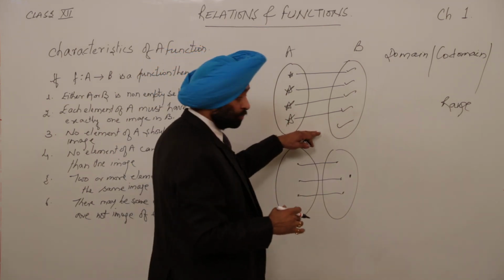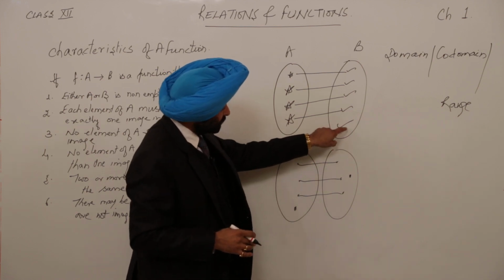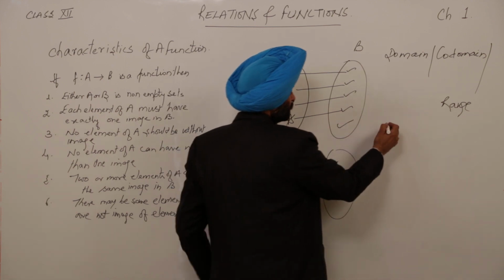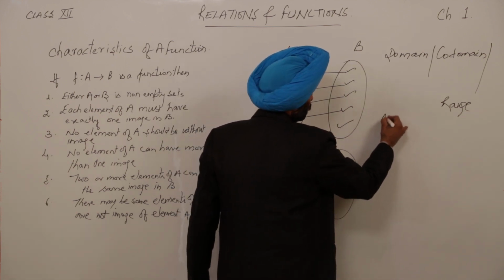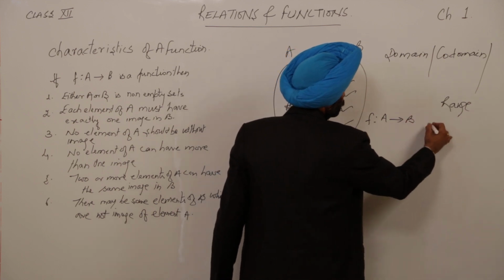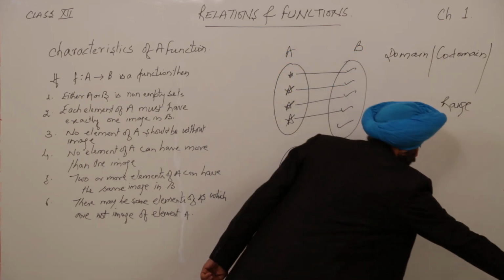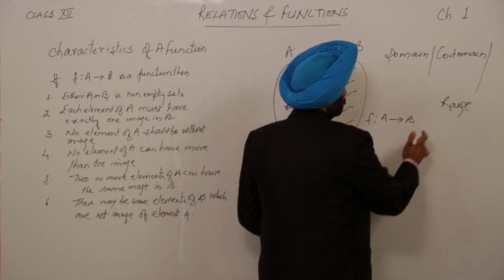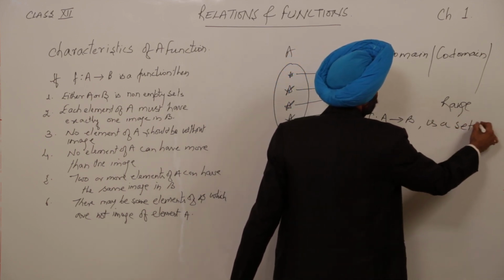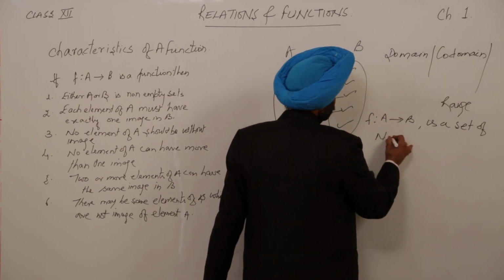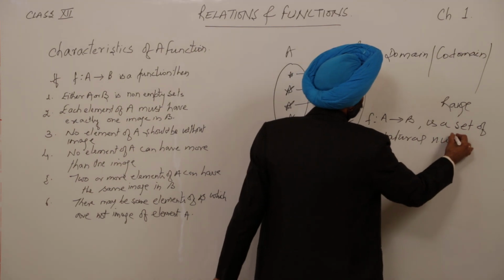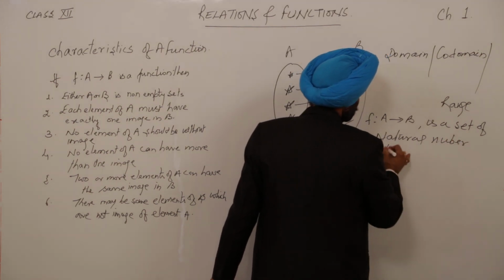Now, similarly I am giving you one more example. We have a function from A to B, where A is a set of natural numbers less than 20.